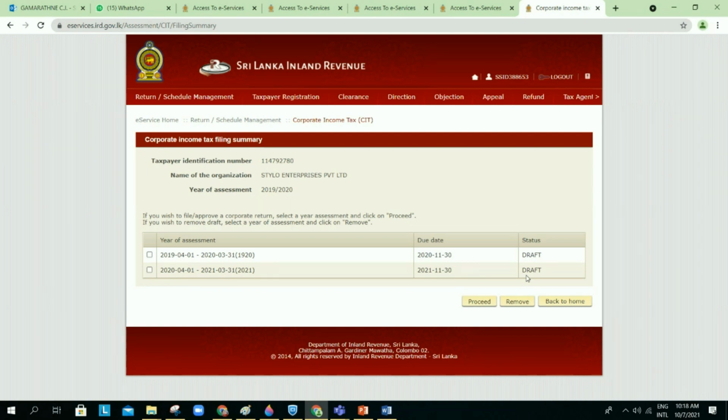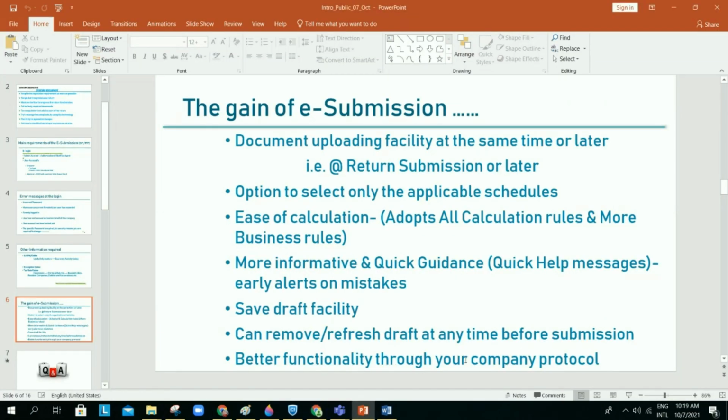And next, I have mentioned that you can remove or refresh a draft at any time before submission. If you find some errors, you can delete them and re-enter the correct values.